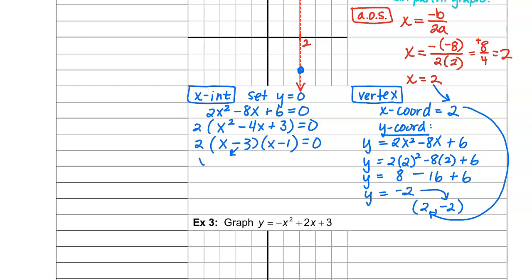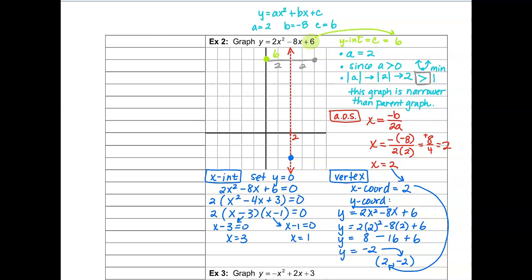So notice here, we either have x minus 3 equal to 0, so x is 3, and then x minus 1 equal to 0, so x is 1. So on the x-axis, you can see it crosses at 1 and 3.